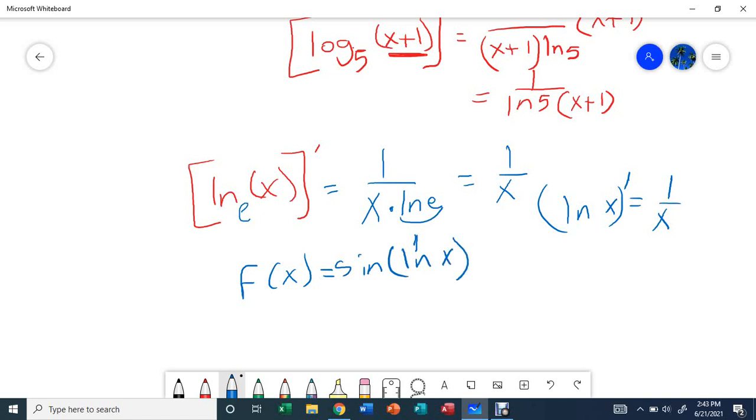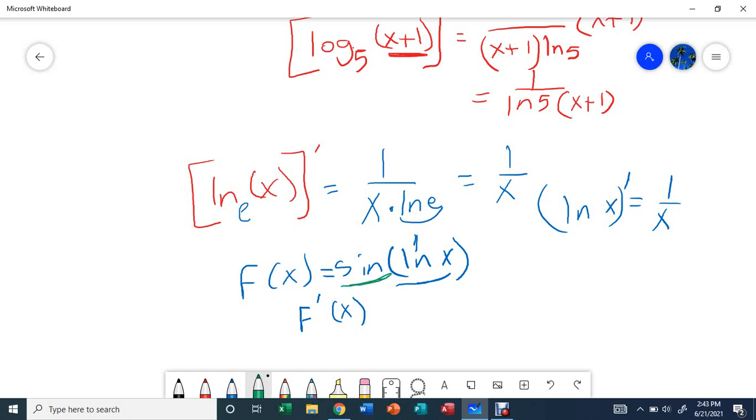So we will find the derivative of f of x, which is f prime. And here we have again a composed function, sine and ln. So we gotta use the chain rule.